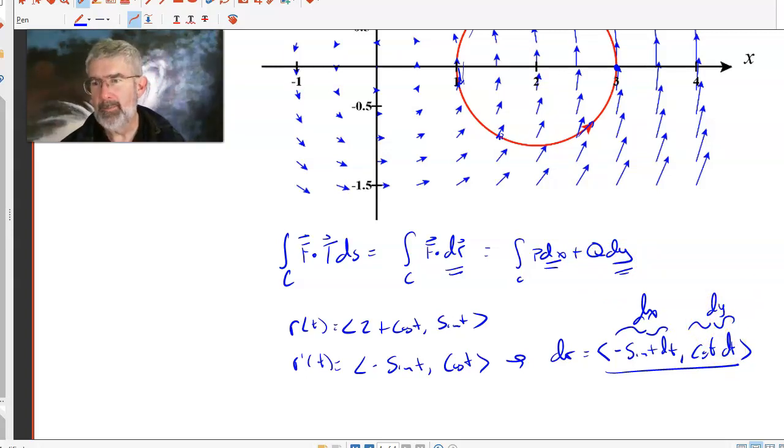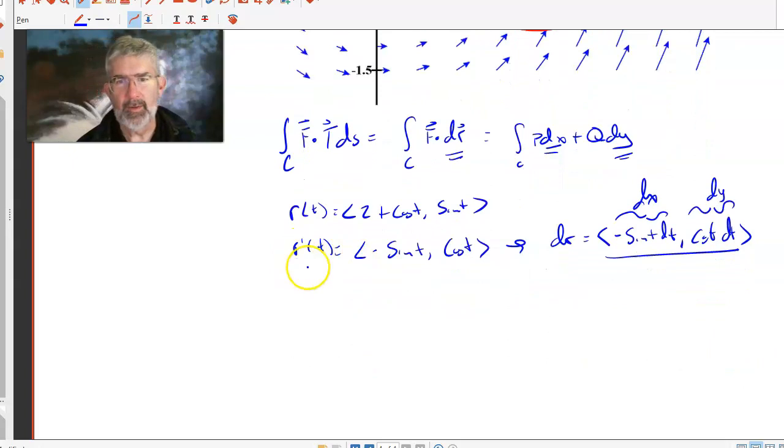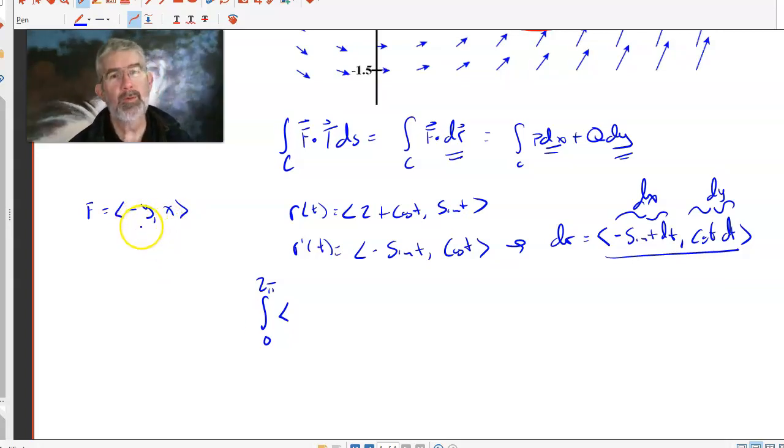So now let's do this integral. I'm going to do the integral from 0 to 2 pi, because that's where my curve is defined. What was f? F was (minus y, x), right? But I'm not just doing y's and x's. I'm doing y's and x's that are on the curve, right?